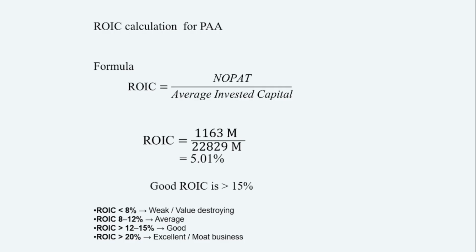ROIC less than 8% is weak or value destroying. ROIC between 8 to 12% is average, and ROIC higher than 12 to 15% is good. ROIC greater than 20% is excellent.